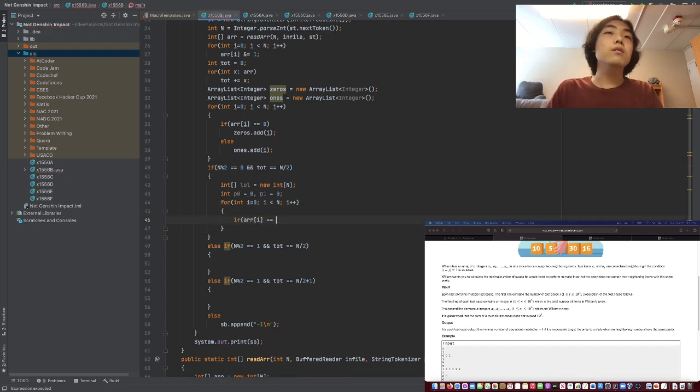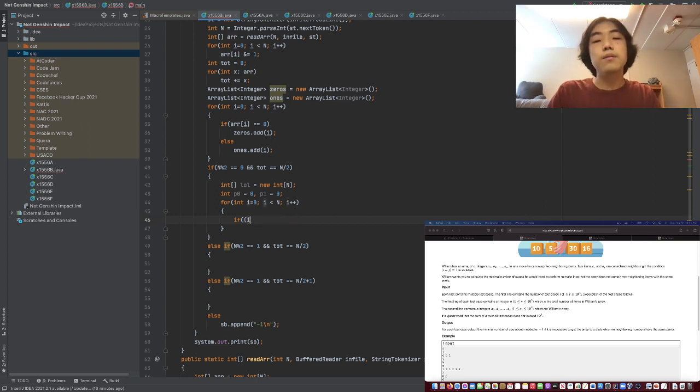Okay, so if array at i is equal to 0, then, or wait, it's like, yeah, we wanted to assign the 0 first. Yeah, we want to do 1 0 1 0 1 0.